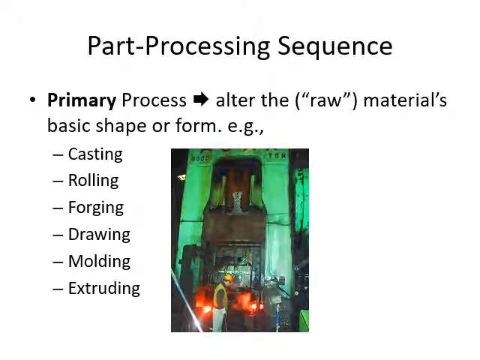Part processing sequence. First is the primary process, which is to change the raw material's condition and shape into basic form. So casting, rolling, forging, drawing, molding, and extruding are the most common primary processes used in manufacturing.